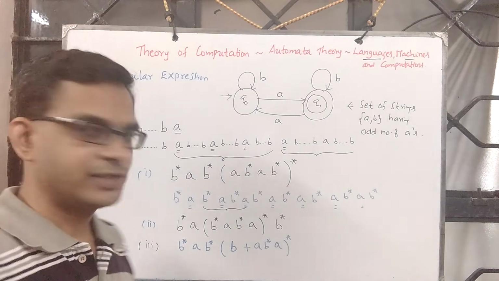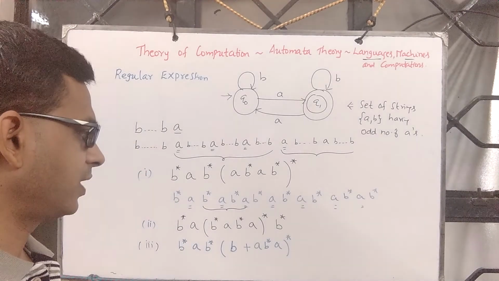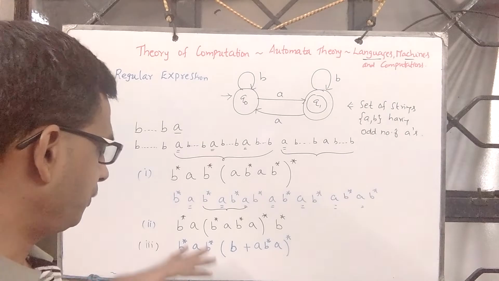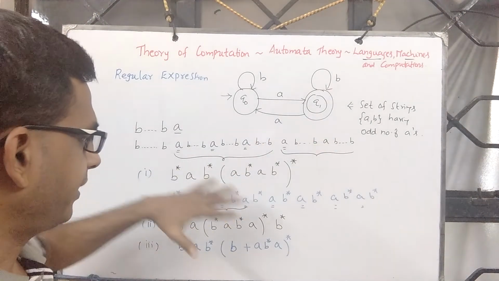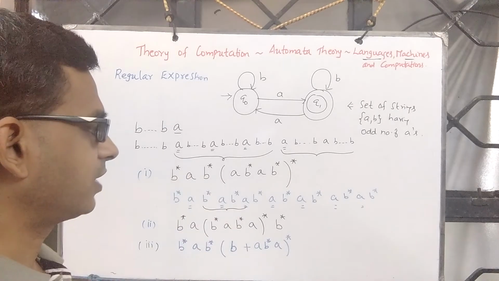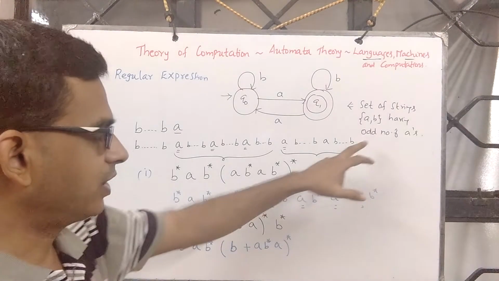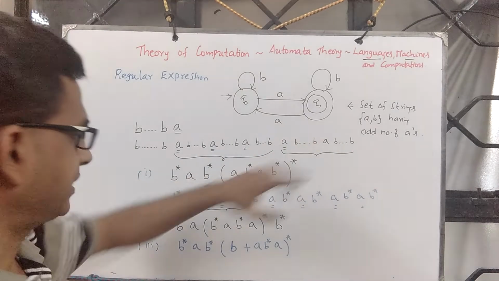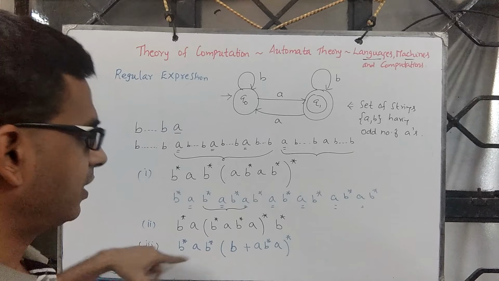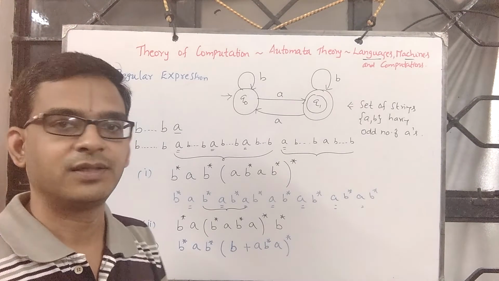Okay. So these are some of the GATE questions, and if you look at any competitive exams, you will find questions like this. You will be given a question followed by 4 different choices, and you will be asked to pick the one which does not correspond to this language. Now you see that for this question these 3 are equivalent, and naturally you can find one which will not match this.